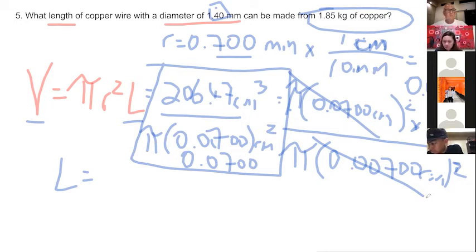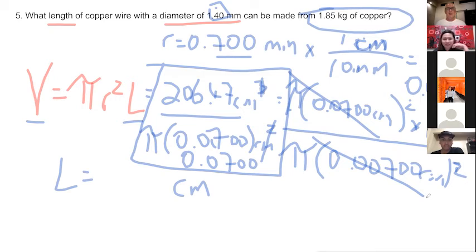So what do we get? What number and what unit? We got 938.879 centimeters. Right, so we have centimeters squared on the bottom, we have centimeters cubed on the top. So we divide that and we're left with just centimeters to the 1. So our unit is centimeters. And I got a much different number.